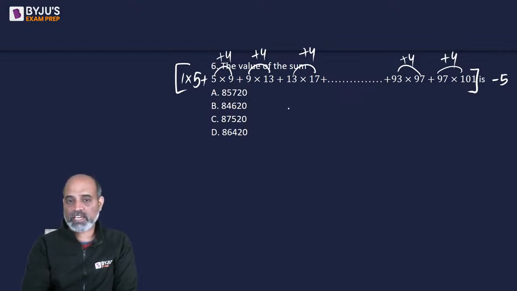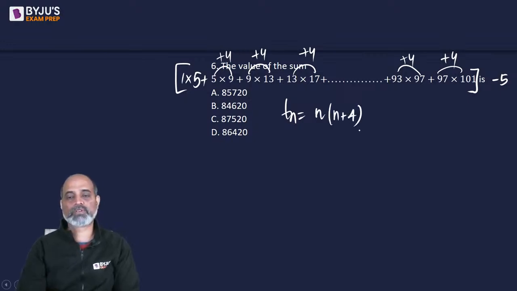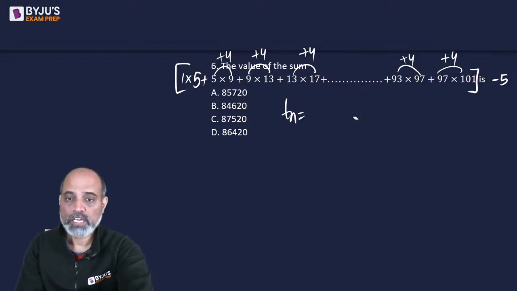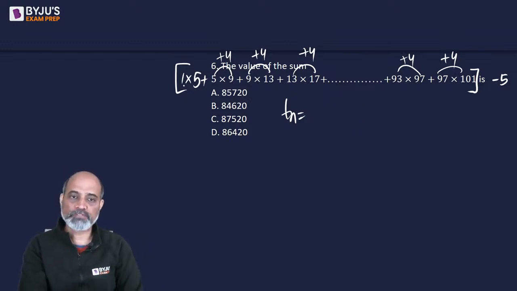So we can generalize the term as n into n plus 4. But if I take n as 1, it becomes 1 into 5, perfect. But if I take n is equal to 2, I get 2 into 6, which doesn't exist. So we will have to improvise. If we look at the first term, this is an AP where there is a jump of 4.